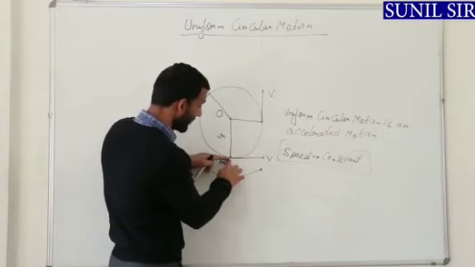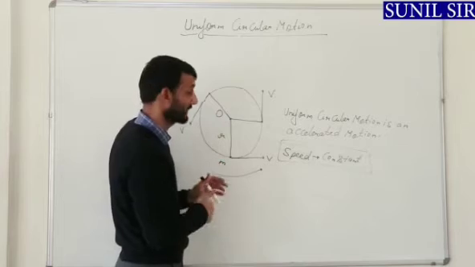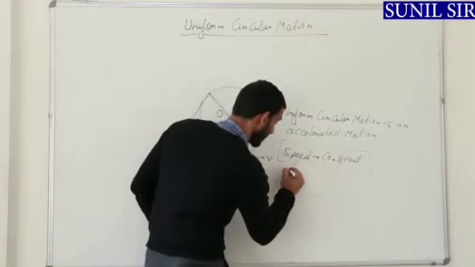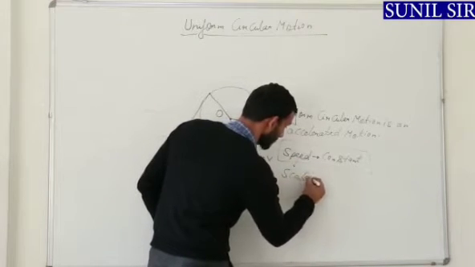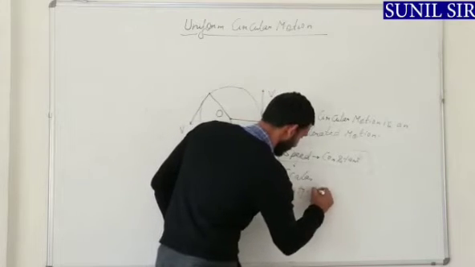Now, where will the velocity of the particle act? You need to understand that speed is a scalar quantity and velocity is a vector quantity.